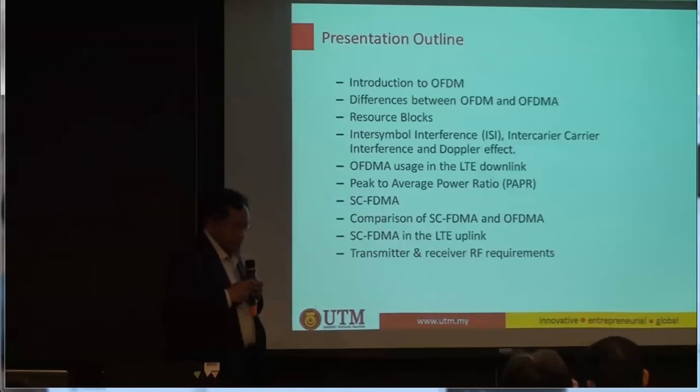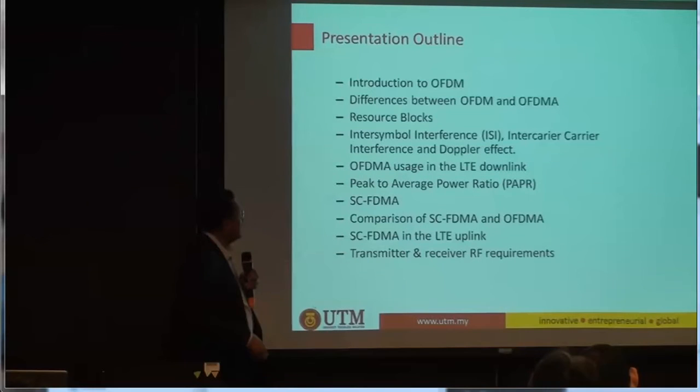They take the high data rate, then they divide it into small sub-carriers. One of the things is to make sure that this can be overcome, and then they add a cyclic prefix, a guard time in between, to further reduce the effect of intersymbol interference.